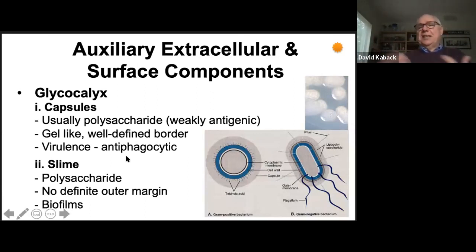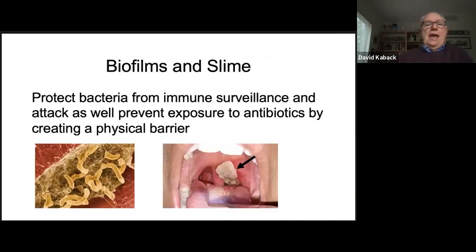Whereas something that's encapsulated, if you shake it up, would be much easier to disperse those cells. When you look at a slime or a biofilm layer under the microscope, you would see the polysaccharide form a mesh-like structure where the bacteria are embedded. And that very often can prevent antibiotics from penetrating it.